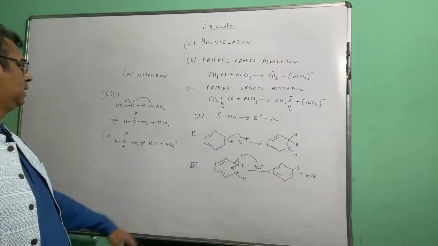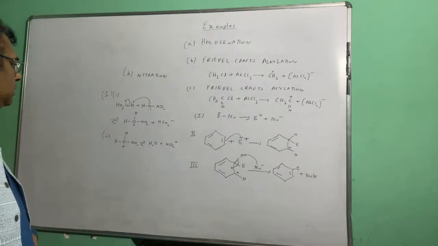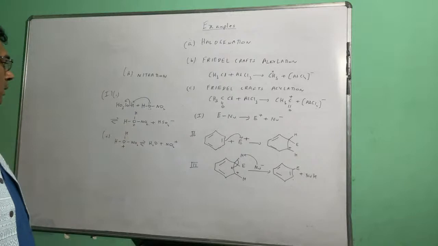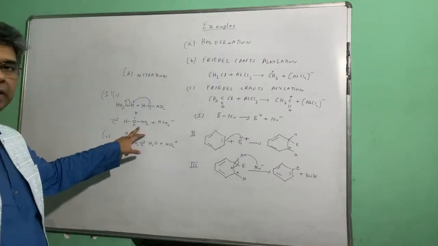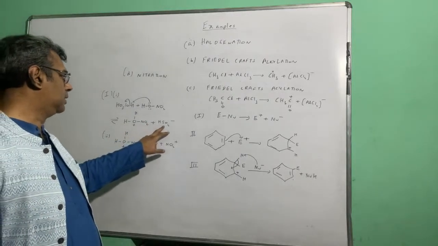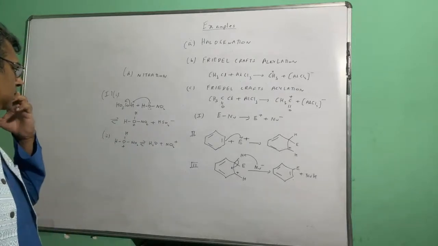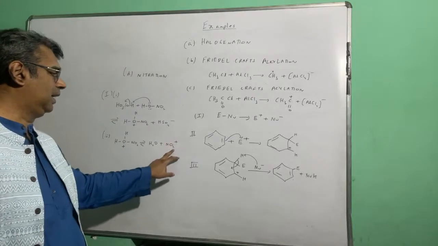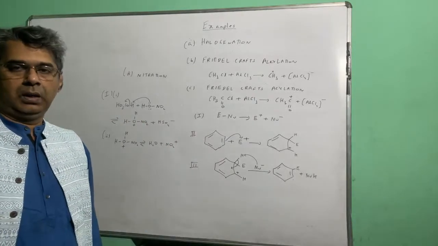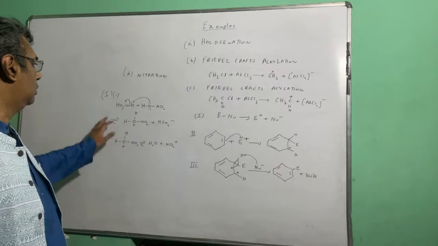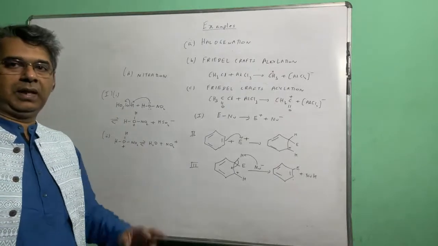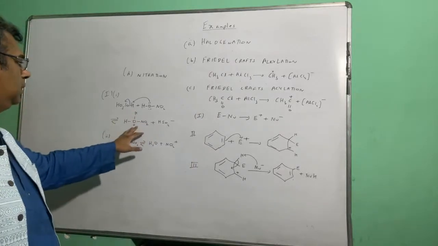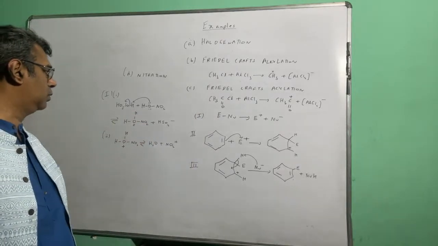When they react with each other, you get protonated nitric acid plus HSO4 minus. This protonated nitric acid gives a water molecule plus NO2 plus, and NO2 plus then acts as the electrophile. So the electrophile generation happens in two parts: first you get protonated nitric acid and then you get NO2 plus.